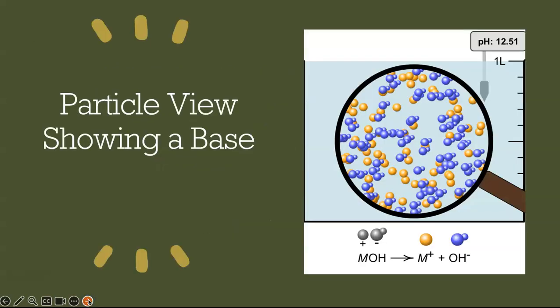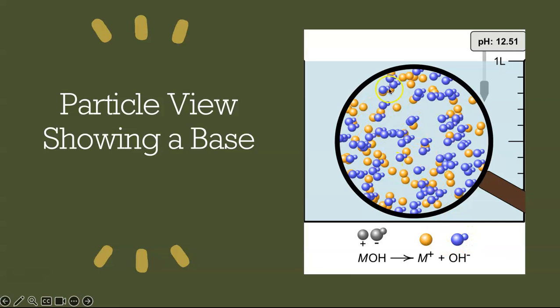All right. So again, as we're looking at those strong acids and strong bases, just remember this little website right here. This is a PhET website, and it's showing a base, and this could be any generic base, MOH, which is going to form M and the hydroxide ions.